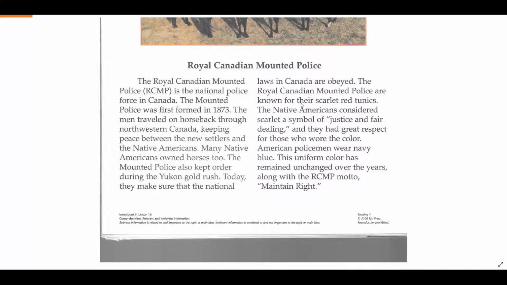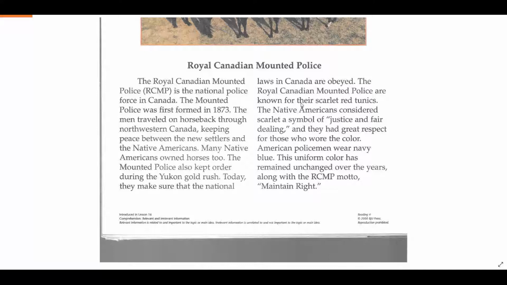The Royal Canadian Mounted Police, RCMP, is the national police force in Canada. The Mounted Police was first formed in 1873. The men traveled on horseback through northwestern Canada, keeping peace between the new settlers and the Native Americans. Many Native Americans owned horses too. The Mounted Police also kept order during the Yukon Gold Rush. Today, they make sure that the national laws in Canada are obeyed.